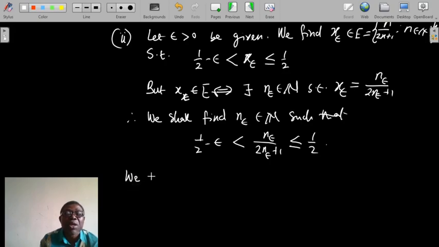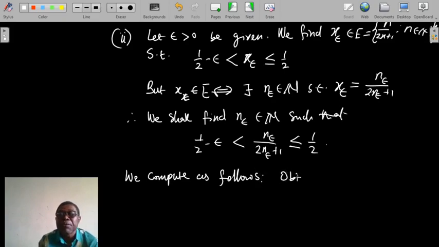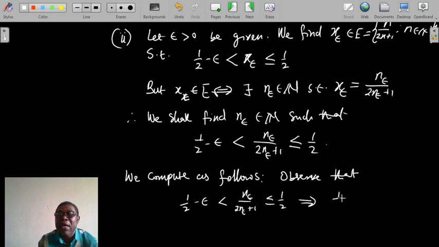I want us to observe that half minus epsilon less than n_epsilon over 2n_epsilon plus 1 less or equal to half implies that half minus epsilon is really less than n_epsilon over 2n_epsilon plus 1.